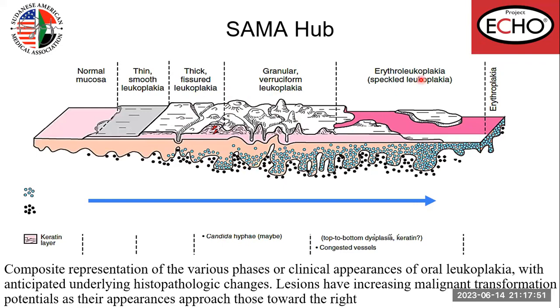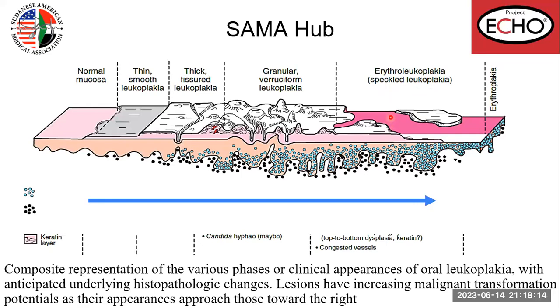We did not discuss erythroplakia yet, but this is a more advanced, dangerous lesion, with a very high potential of malignant transformation. It is called erythroplakia. Erythroplakia in this stage is not a complete erythroplakia, it's speckled erythroplakia, or speckled leukoplakia.